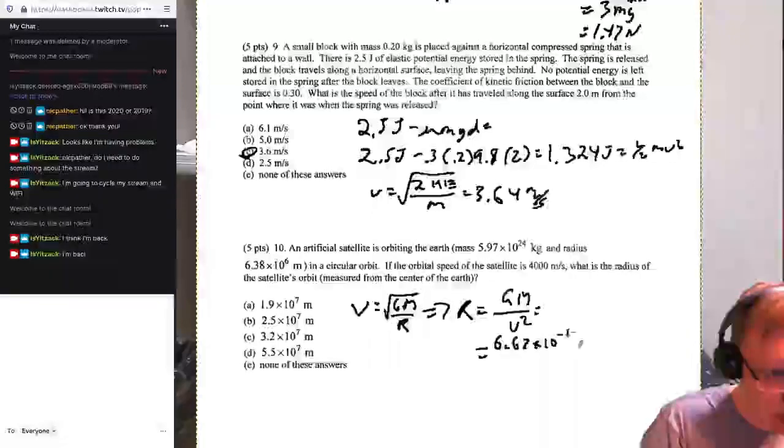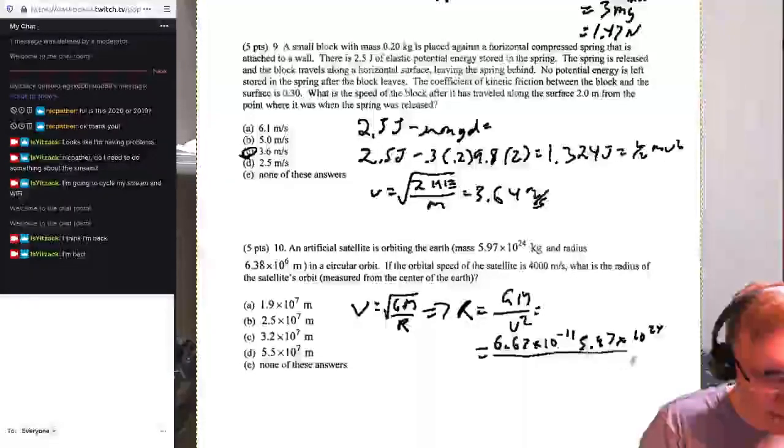6.67 times 10 to the minus 11. Mass is 5.97 times 10 to the 24 divided by 4,000 squared.